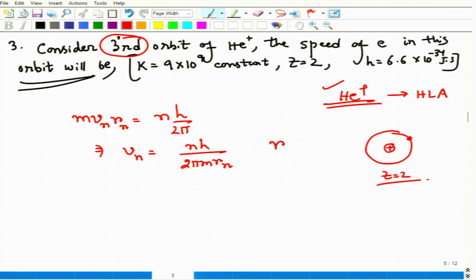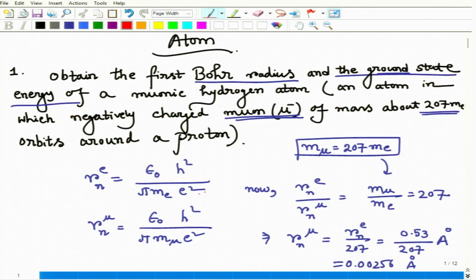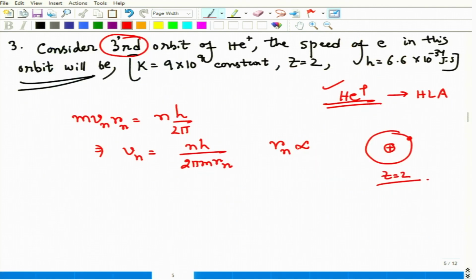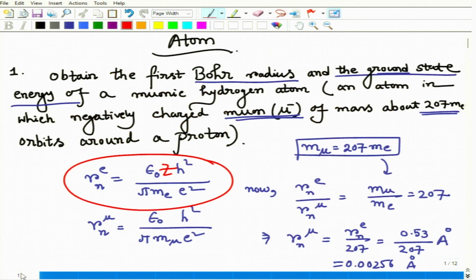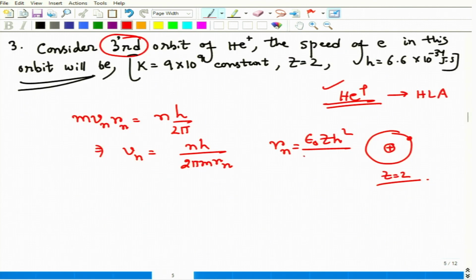If you remember, in our first problem we noticed the formula of r. Here there is Z also, but for the hydrogen atom there was no Z. The formula of r is epsilon naught h square divided by pi m square, so this is r_n.